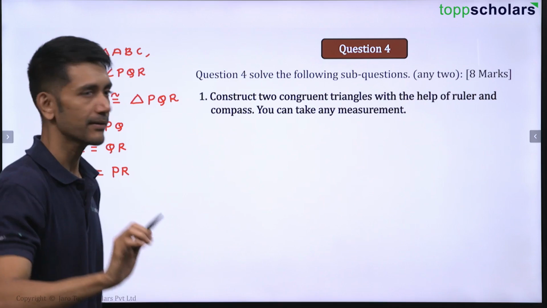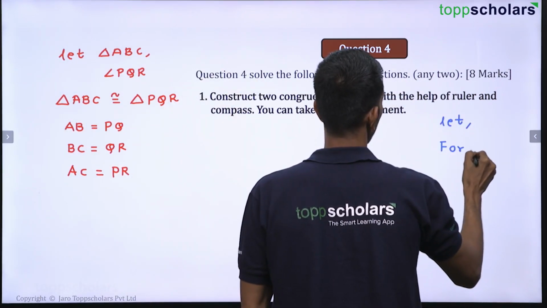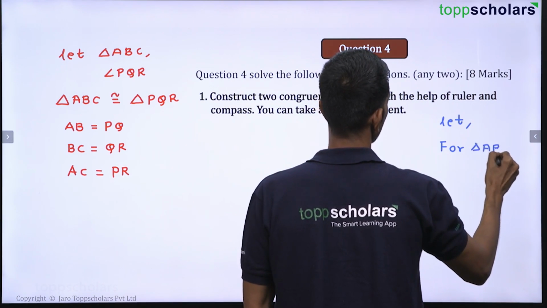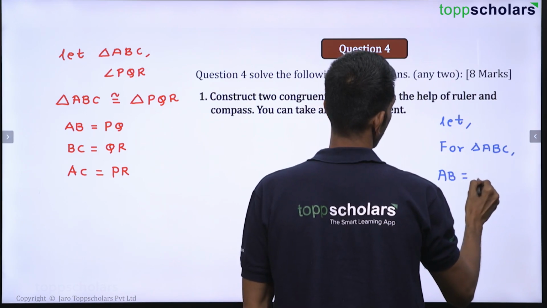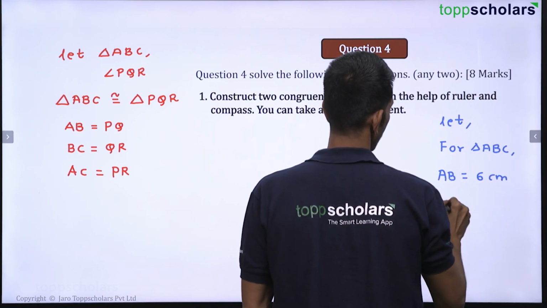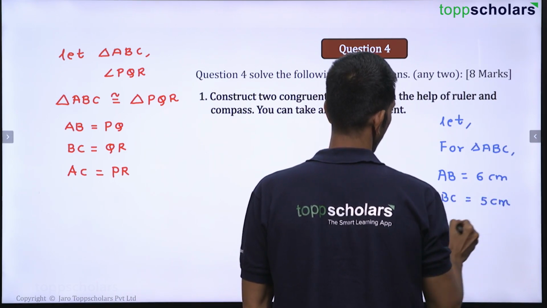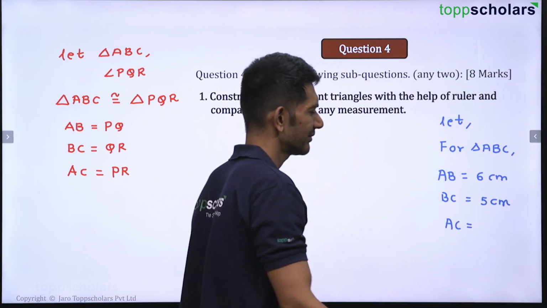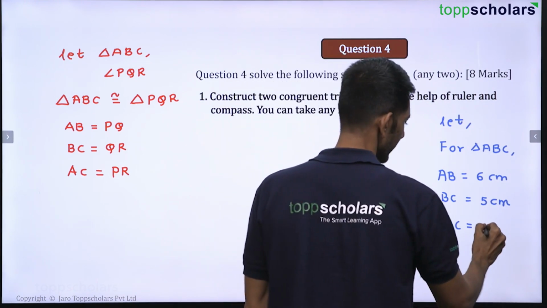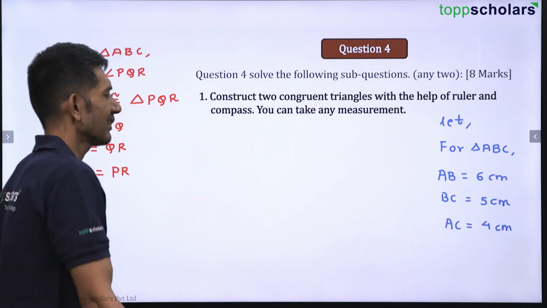So you will say let, for triangle ABC, I am taking AB as 6 centimeter, BC as 5 centimeter, and AC as, say, take anything, take 4 centimeter. Okay. Now it is simple.